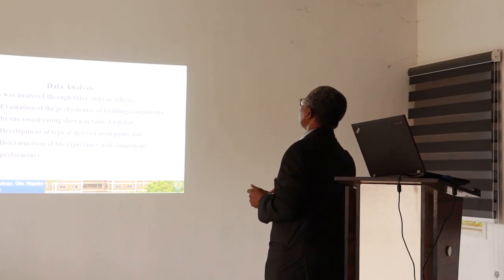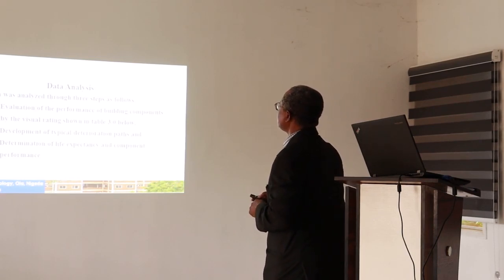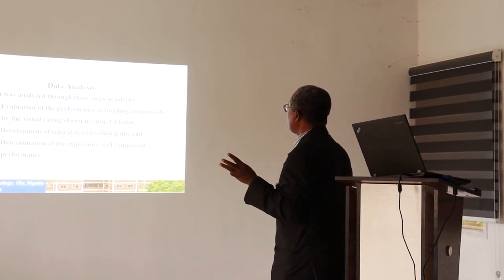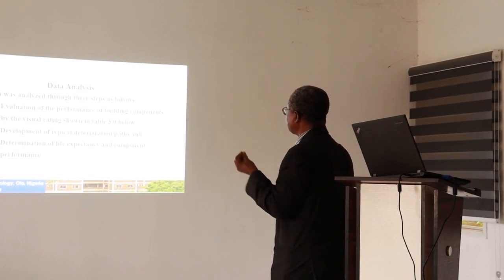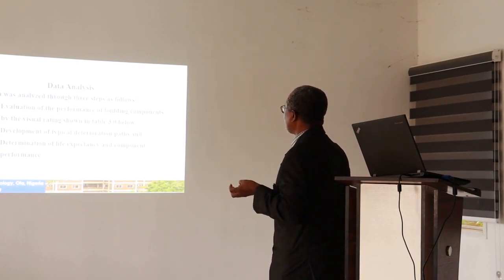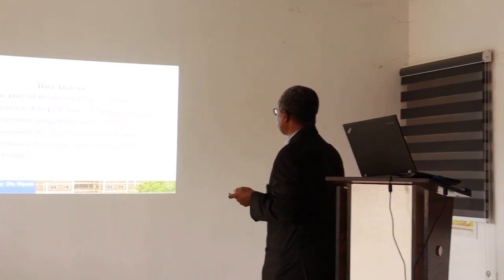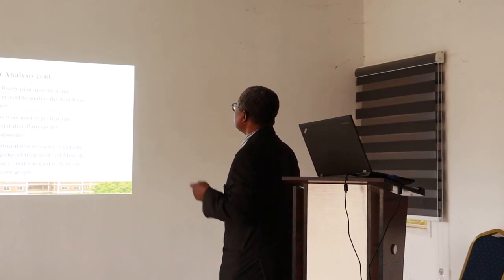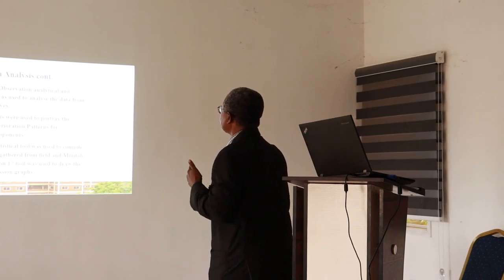Then the data analysis. The data was analyzed through 3 steps: evaluation of performance of building components by visual rating, development of typical distribution patterns, and determination of life expectancy of each component. The mixed method, observational, analytical and statistical, was used to analyze the data.